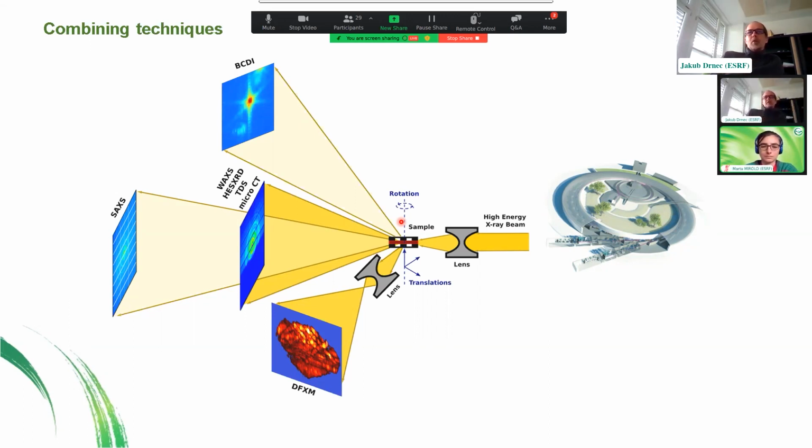For small angle scattering, you put the detector very far away. For wide angle scattering, you put it closer. For BCDI, you put it on the side a little bit, and you look at one reflection only. And then we also have a special new instrument, an X-ray transmission microscope, which is equivalent to EM, right? It will be built in several months.